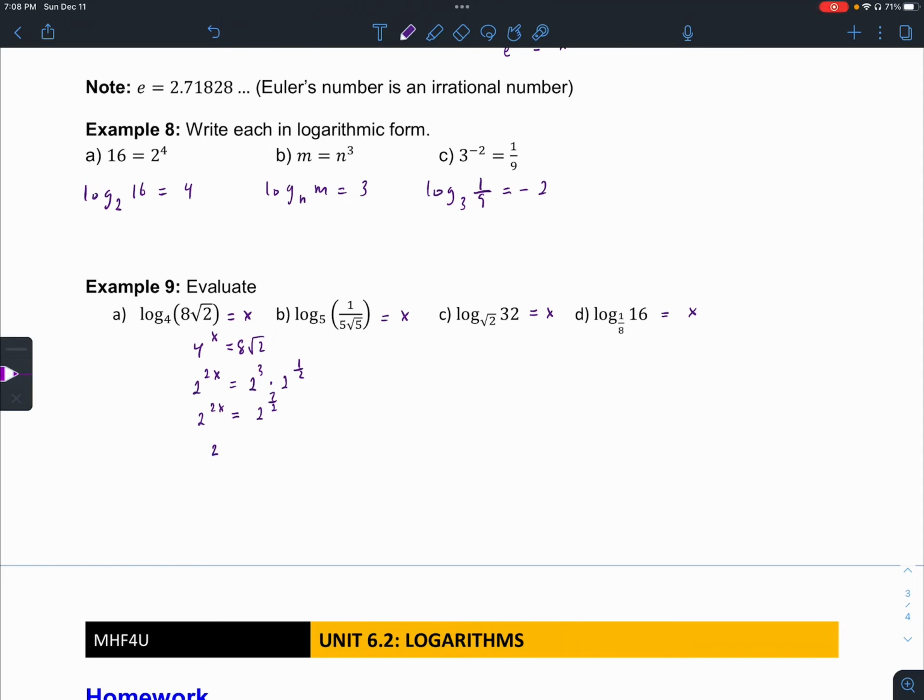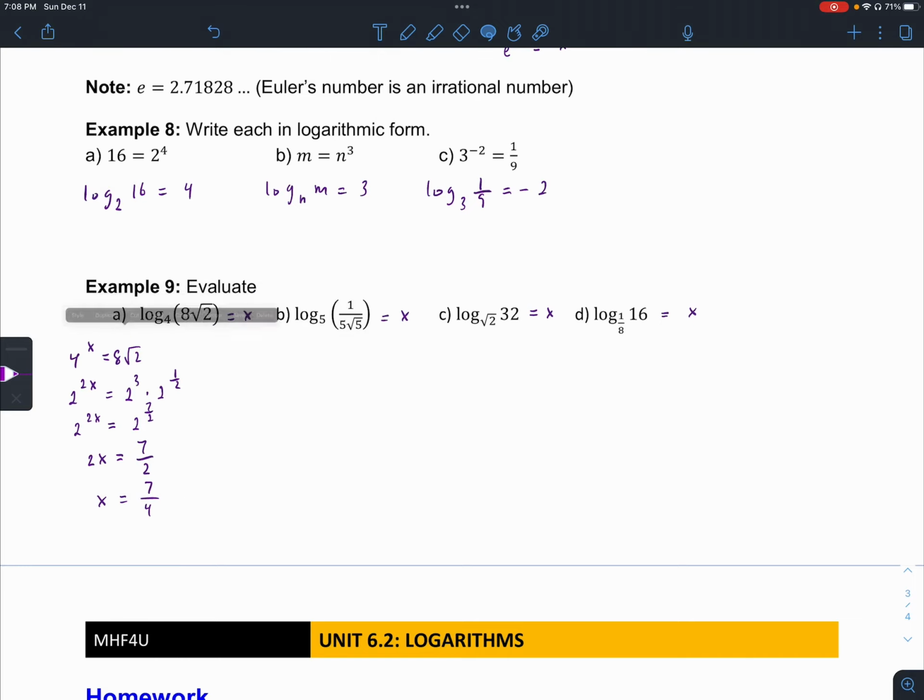Drop the bases, we have 2x is equal to 7 over 2. Divide by 2, we get x is equal to 7 over 4. Let me shift this over so there's more space.